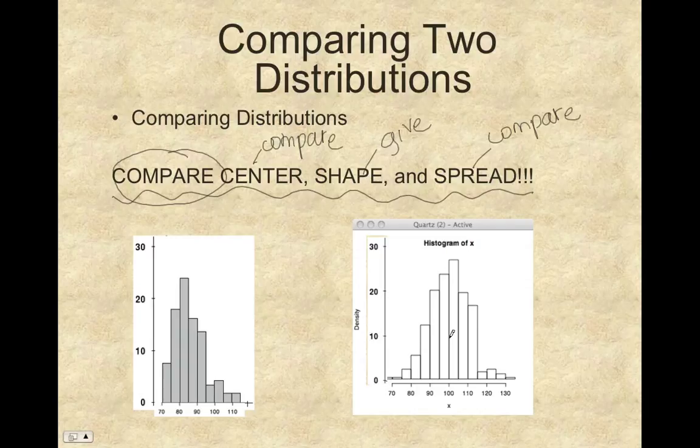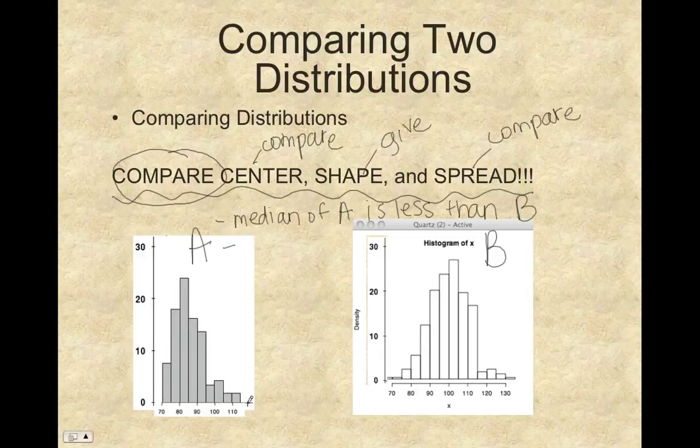Okay, and so I'm just not going to calculate the center. I'm going to say which one is going to have a bigger center. So let's just say that the median of histogram A is less than the median of B. Okay, let's skip to spread.